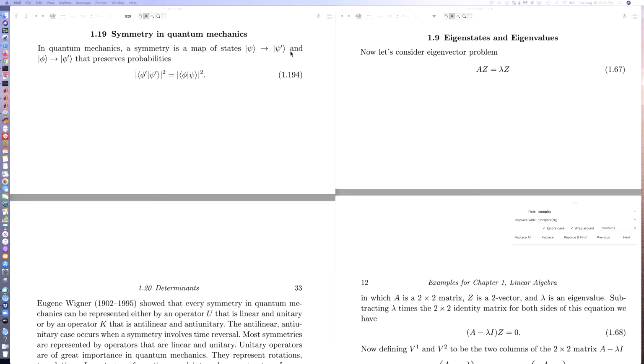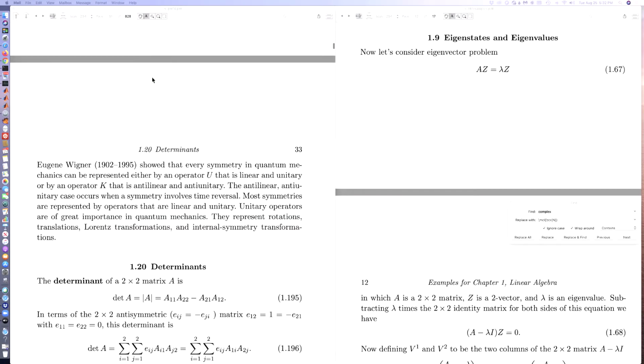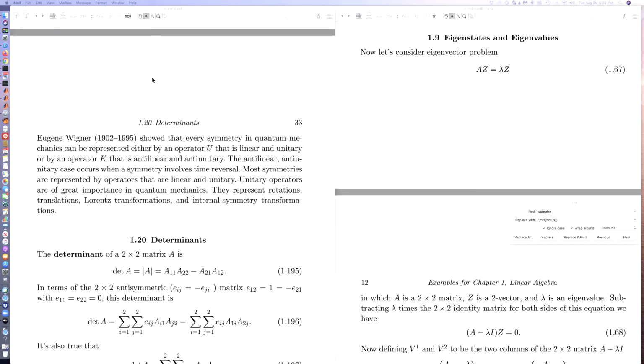It's a map of states, so every state goes into an image, and it preserves the probabilities, which are the absolute value squares of the inner products. And as I said, Wigner showed that you either got linear and unitary, or antilinear and anti-unitary.